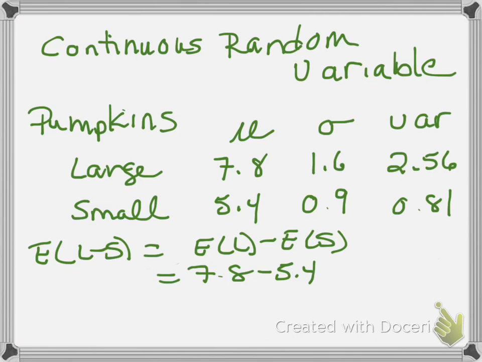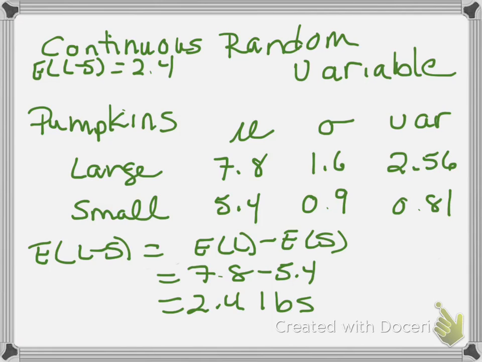So 7.8 minus 5.4 is equal to 2.4 pounds, okay? So I'm going to write this off to the side, the expected value, because I'm going to have to do another type of problem, 2.4. Okay, now let's go find the variance.